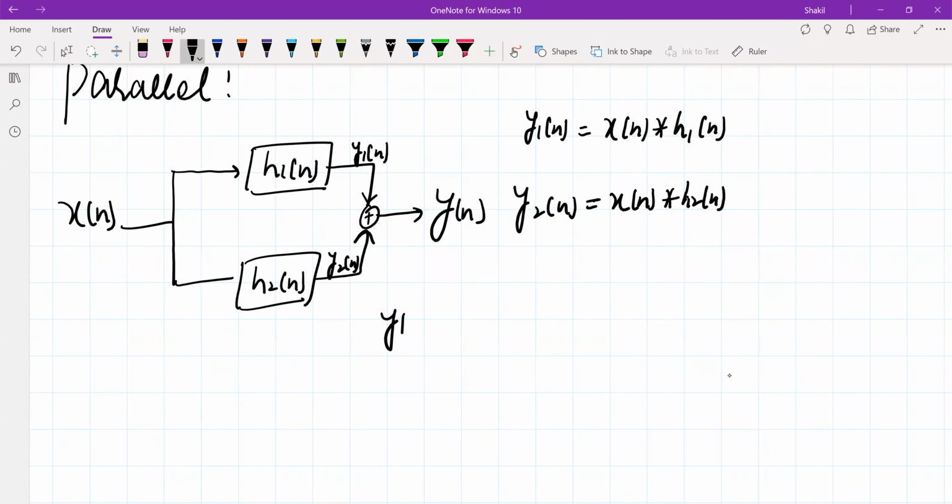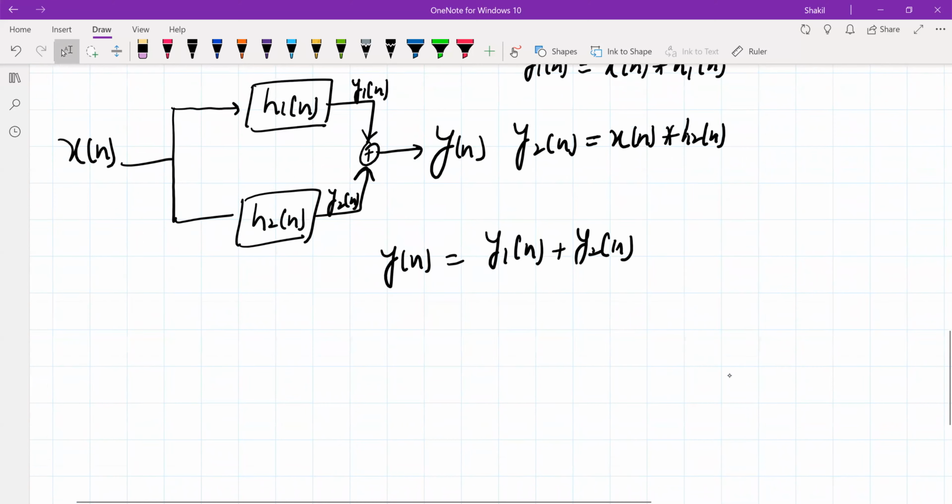Now the overall response you can see is the sum of the two individual responses, y1 of n plus y2 of n.